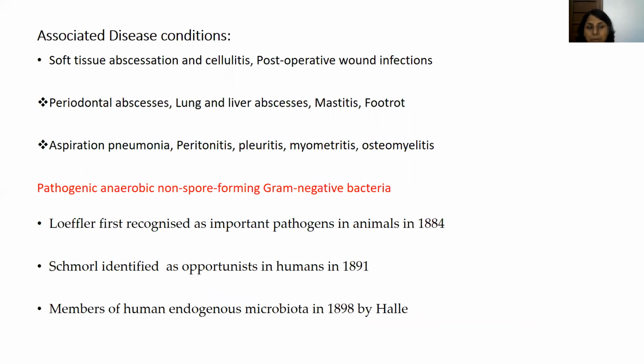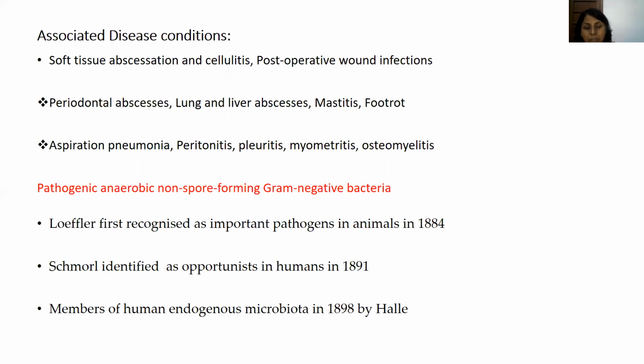These may be associated with different disease conditions like soft tissue abscess, post-operative wound infections, periodontal abscess, lung and liver abscess, mastitis, foot rot, aspiration pneumonia, peritonitis, pleuritis, metritis, osteomyelitis, and many other conditions.